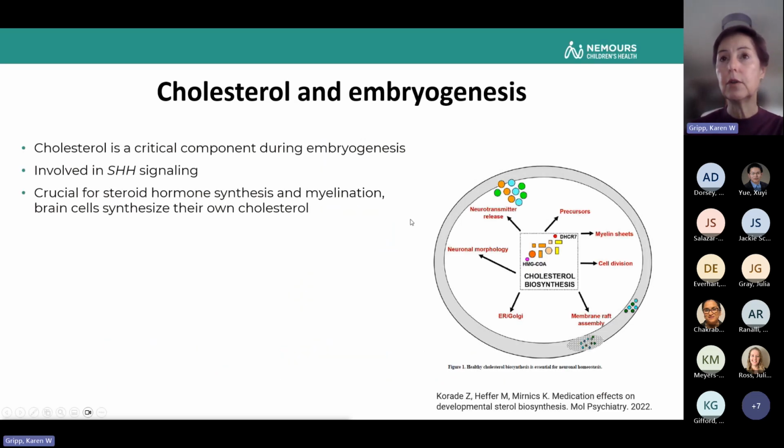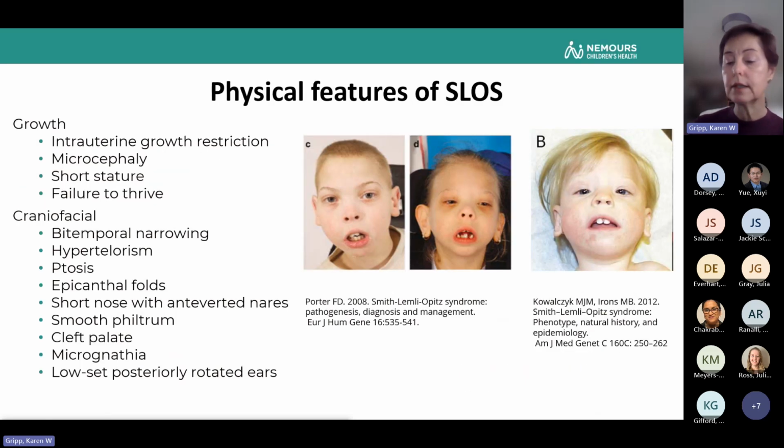Cholesterol is very, very important in embryogenesis for many reasons, skipping over the details in the interest of time. These here are patients who have Smith-Lemli-Opitz syndrome, so they have a genetic condition that impairs cholesterol biosynthesis. They have intrauterine growth restriction. They show small head size, short stature, failure to thrive, and distinctive facial features with a really bitemporal narrowing, as you can see here, somewhat widely spaced eyes, and ptosis of the eyelids.